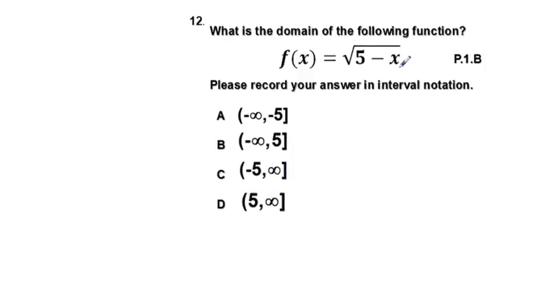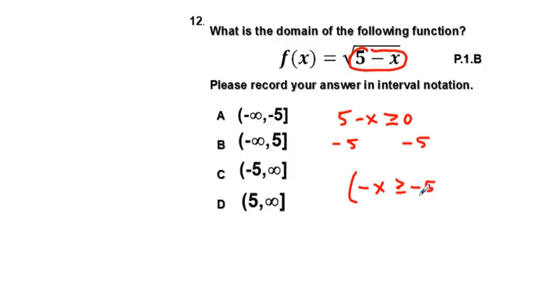All right, what is the domain of the following function? Okay, we have in the radical 5 minus x. So how do we make this? We cannot have that be negative, so 5 minus x has to be greater than or equal to 0. And if we subtract 5, we have negative x is greater than or equal to negative 5. And if we multiply this inequality by negative 1, we get x, and we change the direction of our inequality.